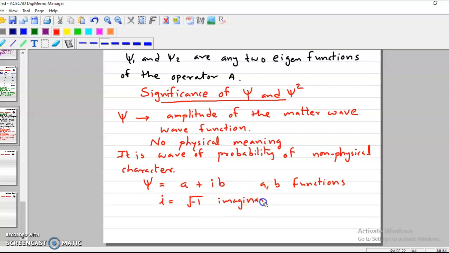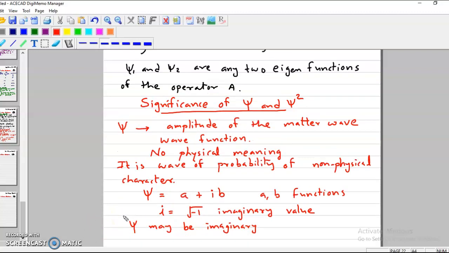It is absolutely an imaginary value, and therefore we can say that psi may be imaginary. It is not real, it is imaginary. It is just imagination, nothing else.